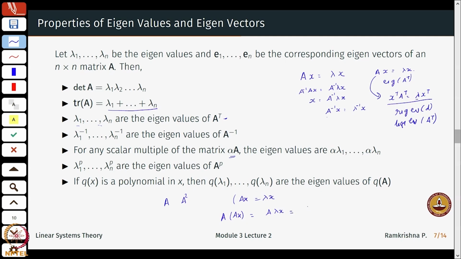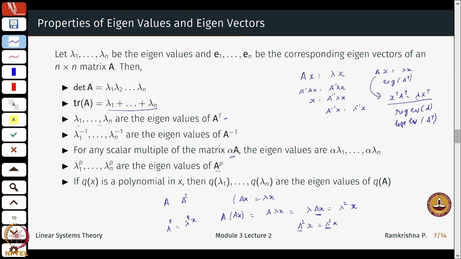Now I can rewrite this as lambda A x, and A x is lambda x, so I will have lambda square x. So, I have one relation which says that A square x is lambda square x, which means that lambda square is an eigenvalue of A square, and I can still do it till p. So, A to the p, for a particular eigenvalue, will be lambda to the p times x.